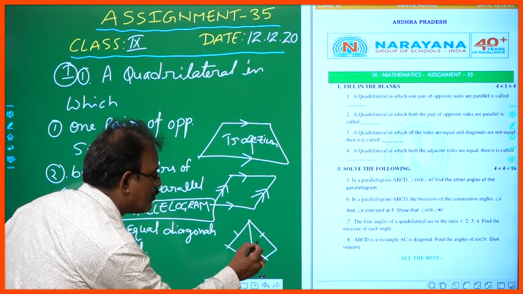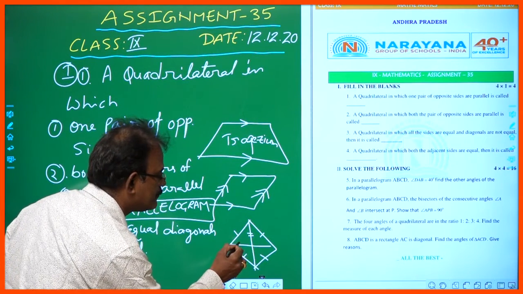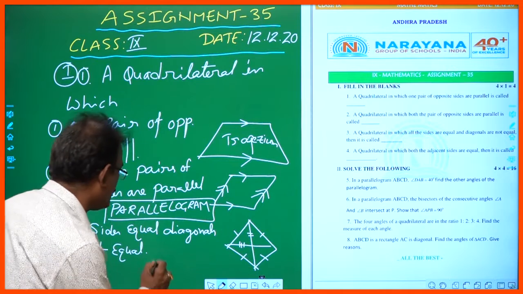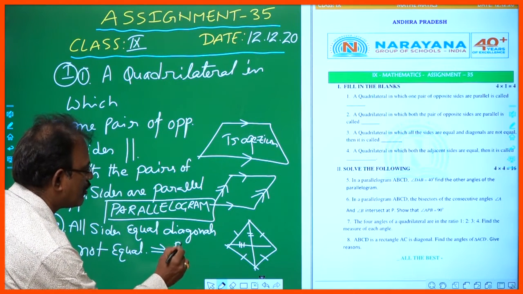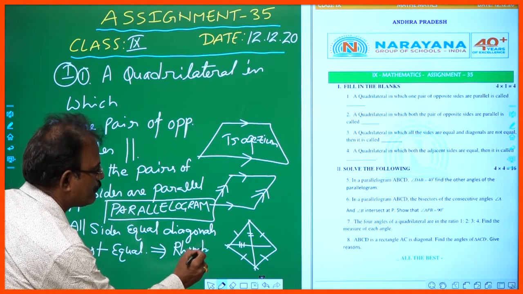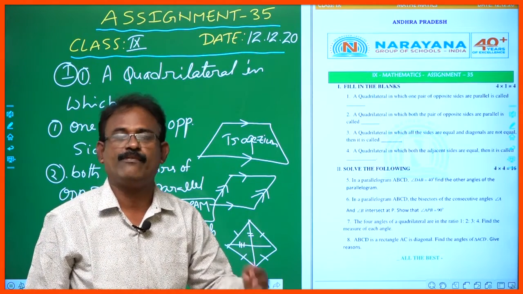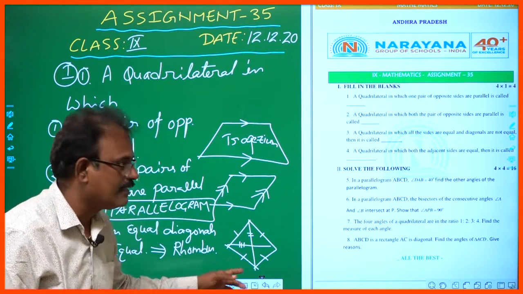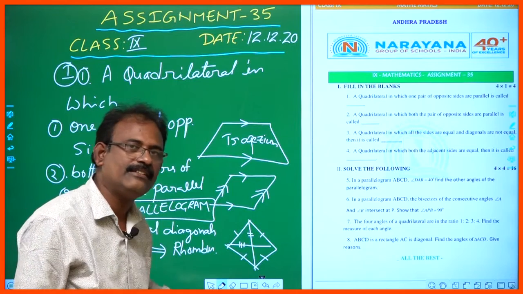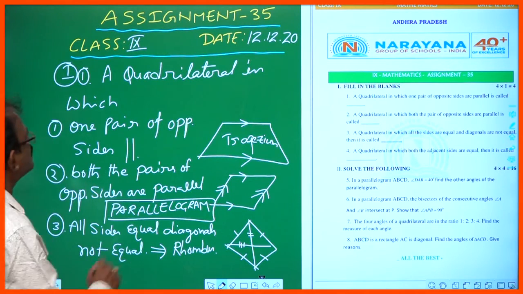Diagonals are not equal, then it is a rhombus. Because children, if all the sides are equal, it may be either square or rhombus. If diagonals are the same, it is a square. If the diagonals are not the same, it is a rhombus. Okay children, so this is the third one.